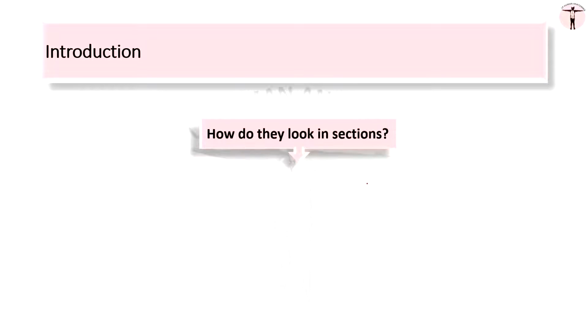Once the sections are taken and processed, when the sections are observed under the microscope, we should have some idea of how they look in sections. We need to know generally how they look under the microscope so that it will be easy to identify the tissue or organ, whether the tissue is normal or pathological.